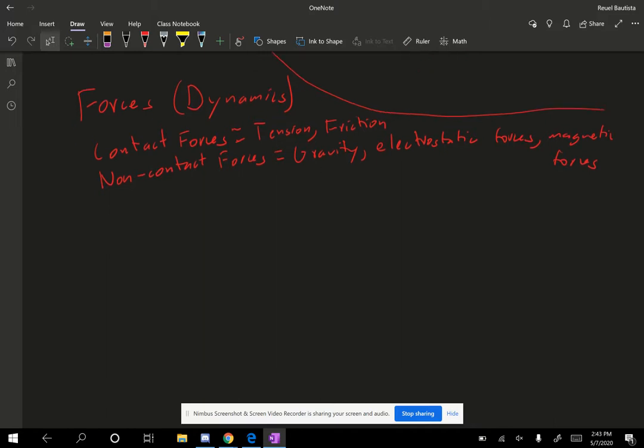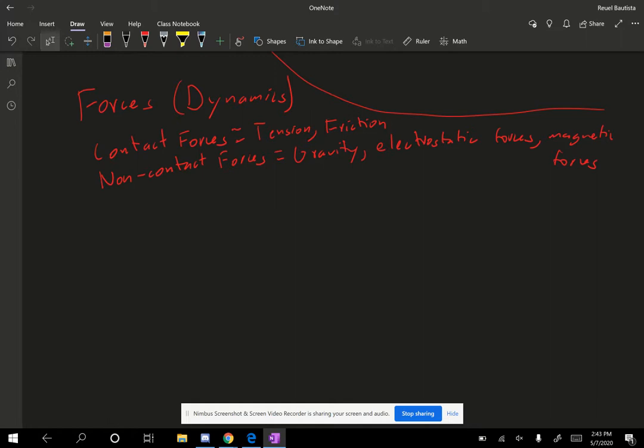Remember Newton's first law of motion: an object will stay in motion at the same velocity unless acted upon by an unbalanced force, or a net force. Or an object will stay at rest unless acted upon by an unbalanced force.